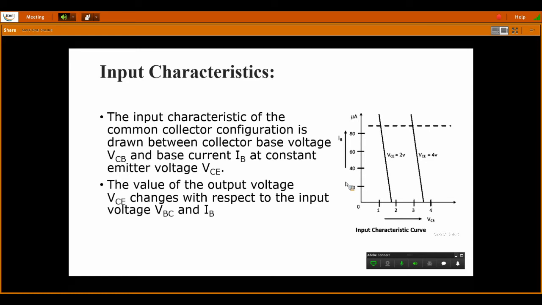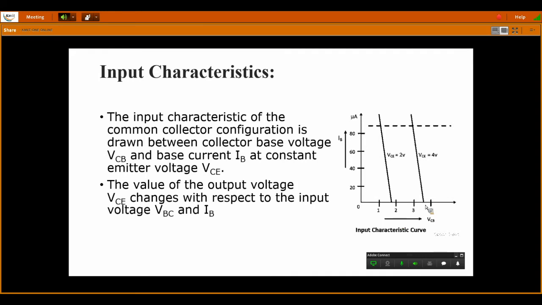For the applied voltage, if I go on increasing the collector to base junction voltage, the current is reduced, since it is a reverse bias voltage on the output junction. When the output junction voltage is increasing, the base width is reducing, the available carriers in that base width are reduced, hence the base current is decaying.